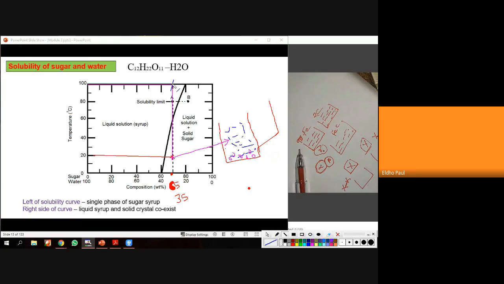This will be the next point, right? So when I increase the temperature from 20 to 100 with the same composition, this point will be shifted to this point.